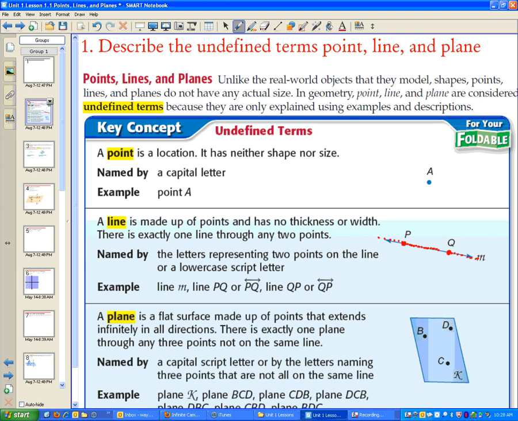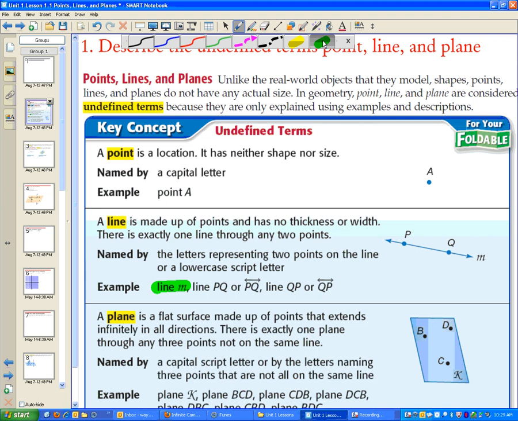To name a line, and the way we name things is going to be a fairly big deal, okay? You've got a couple different ways you can name a line. One thing you can do is just put a lowercase letter next to it and call it that. So put an M next to the drawing of the line and call it line M. Another thing you can do is pick out any 2 points that are on the line and name it line those 2 points.